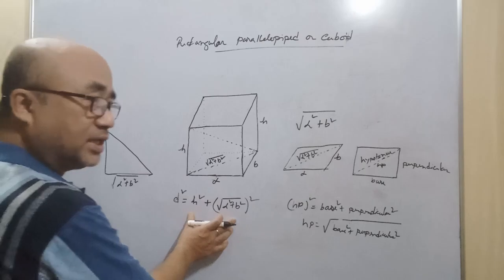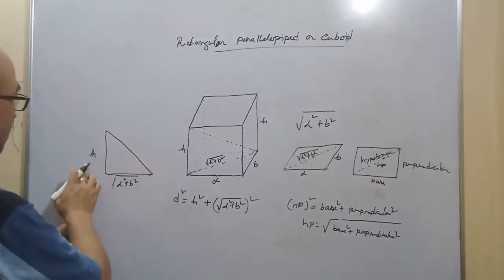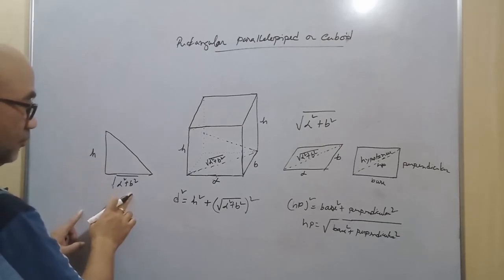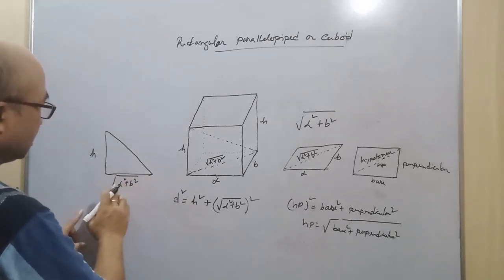This is Pythagoras theorem. This diagonal square is equal to the sum of squares of this line plus this line. Square of this line is h square, and square of this line is L square plus B square.